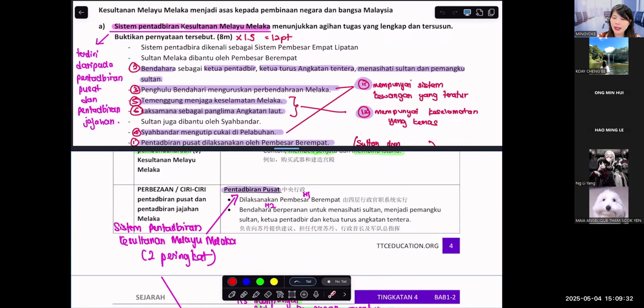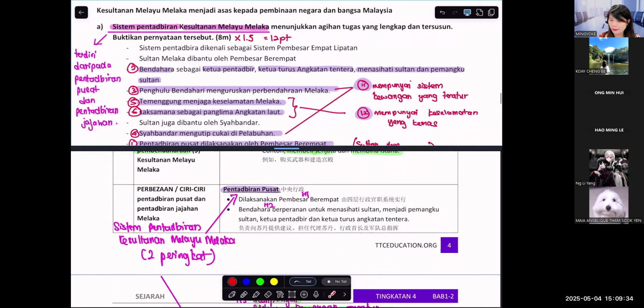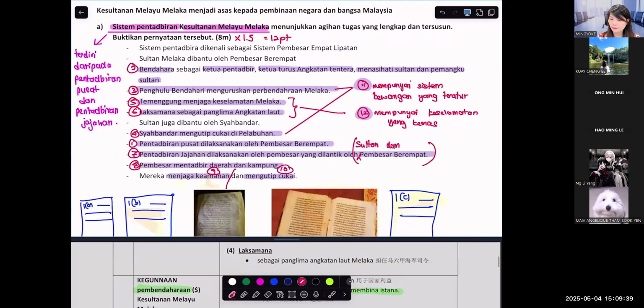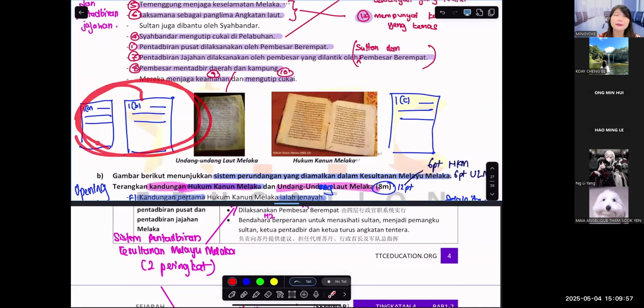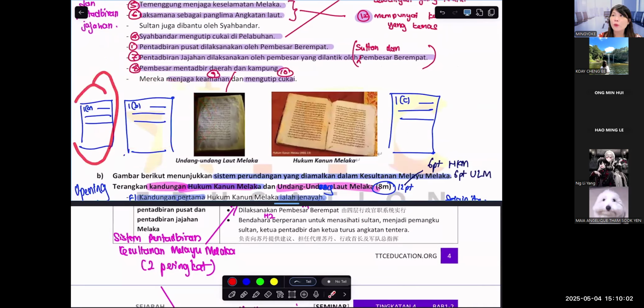For example, Sistem Pentadbiran Kesultanan, then you write, guys, remember you need to write the opening paragraph. So what you need to do is, you need to write the opening in essay, soalan, copy. And guys, when you write on your test pad, remember, one page 1A, another page 1B, another page 1C.